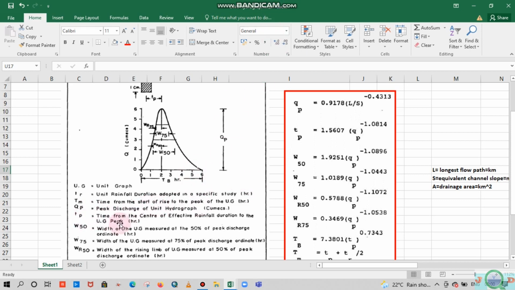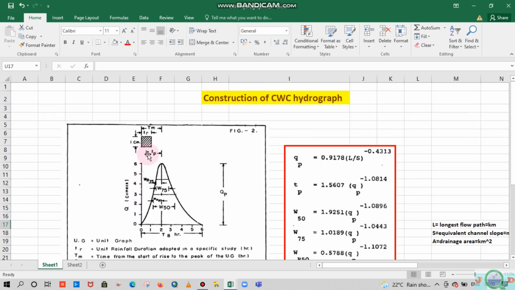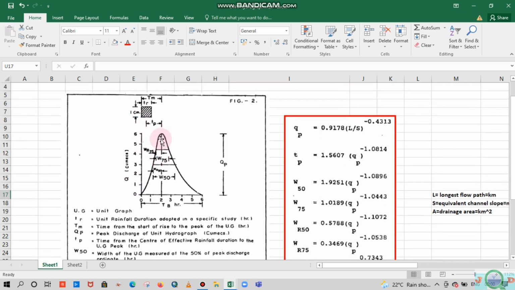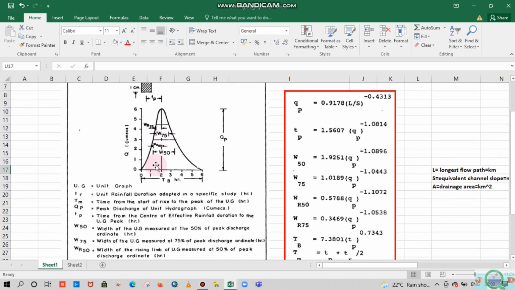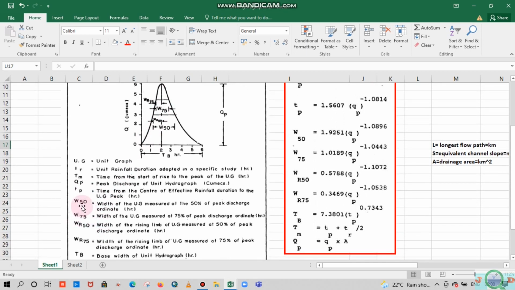And Tp is the time from the center of the rainfall axis to the peak of the unit hydrograph. And W50 is the width of the unit hydrograph measured at 50% of the peak discharge ordinates.